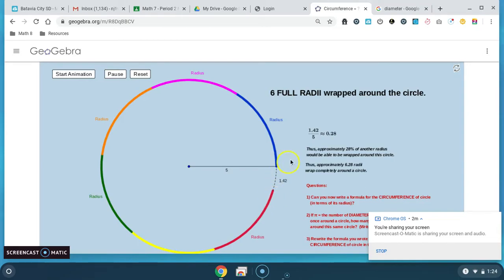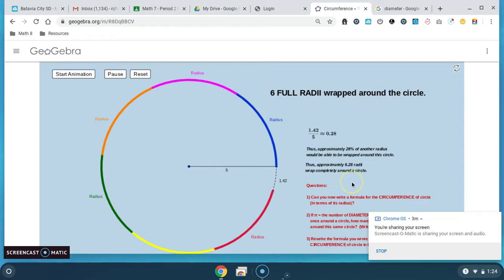That's what's left. But when you divide that by 5, you get 0.28. So 0.28 is the amount that's left. We don't quite have 7 radii, but we have 6.28. That's what we would call it. It would go around 6.28 times if we're counting the radius.